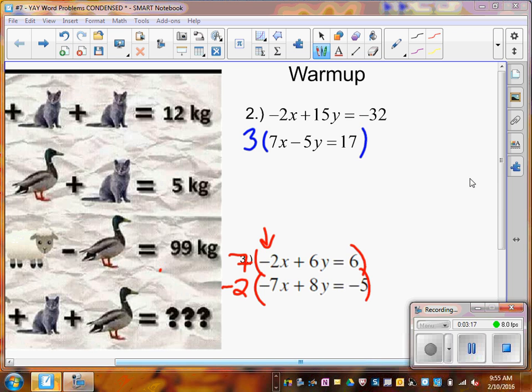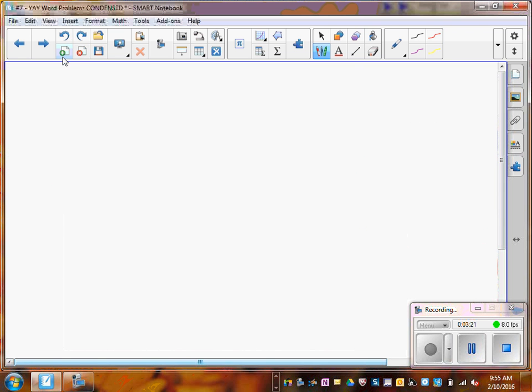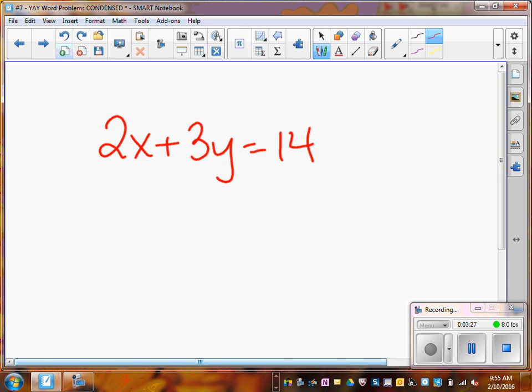Alright, let me throw up some more examples. Okay, so let's just use this example. Let's say that this is given to you and you're supposed to use linear combinations.